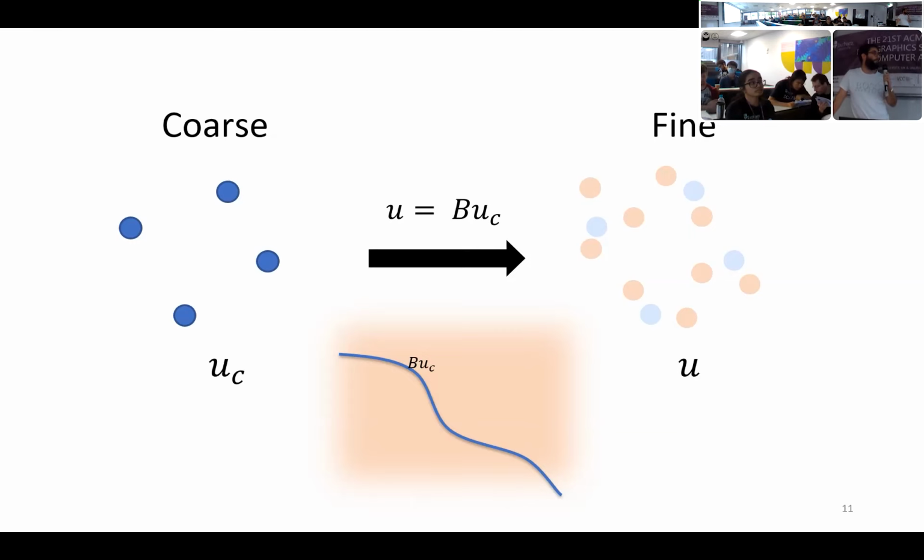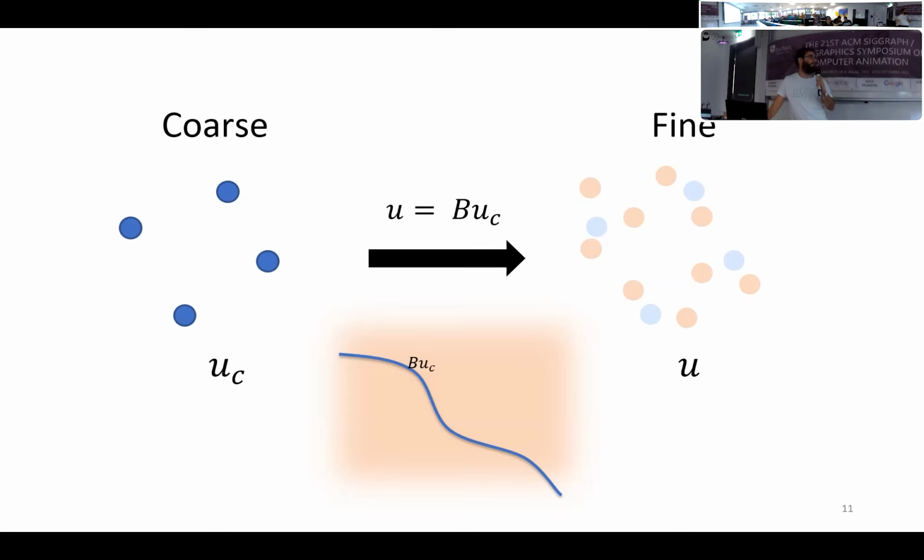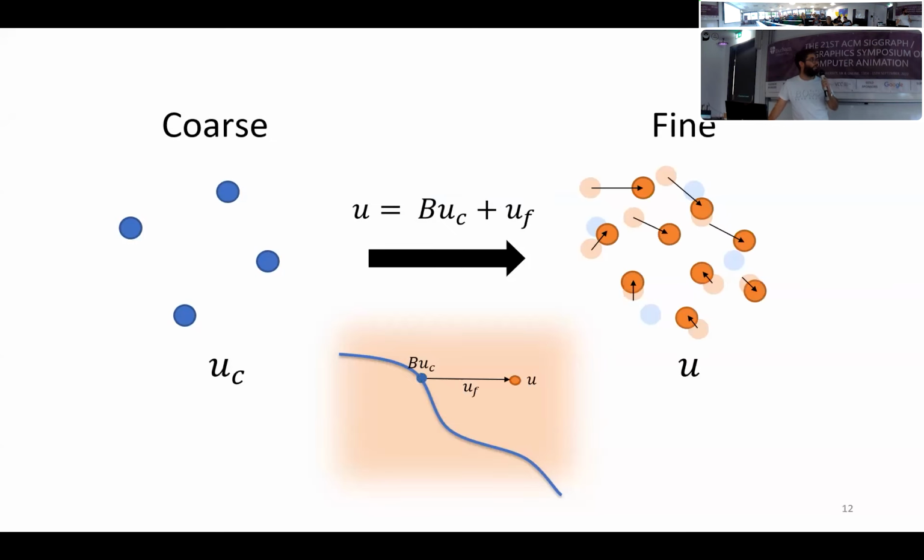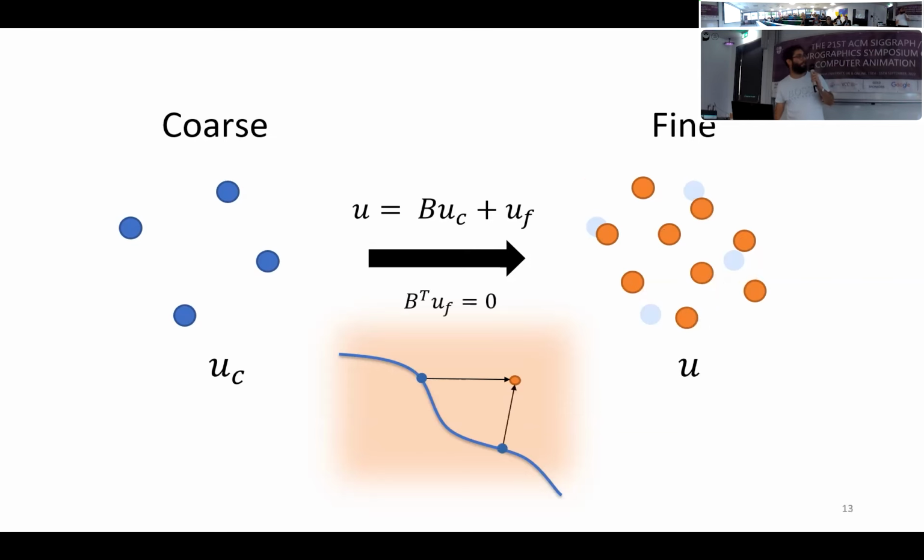But that is not enough because you can only reach some displacements. You cannot span all the space of possible displacements for the fine points. So we are going to add another term, the fine offset displacement, and with that you can already reach all the possible displacements for the fine nodes. But of course, this is not enough.